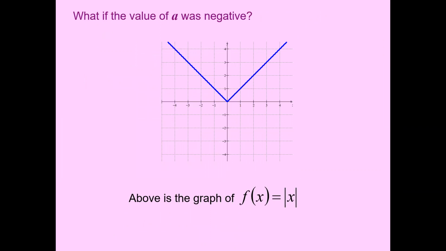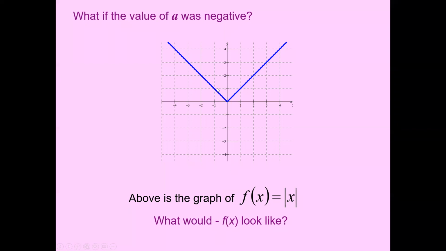What if the value of a was negative? What happens when we have a negative value right in front of it? So we have the original absolute value of x as a graph, but now I want to know what happens if I have a negative right in front of the original graph. If I have a negative, my y values are going to become negative.